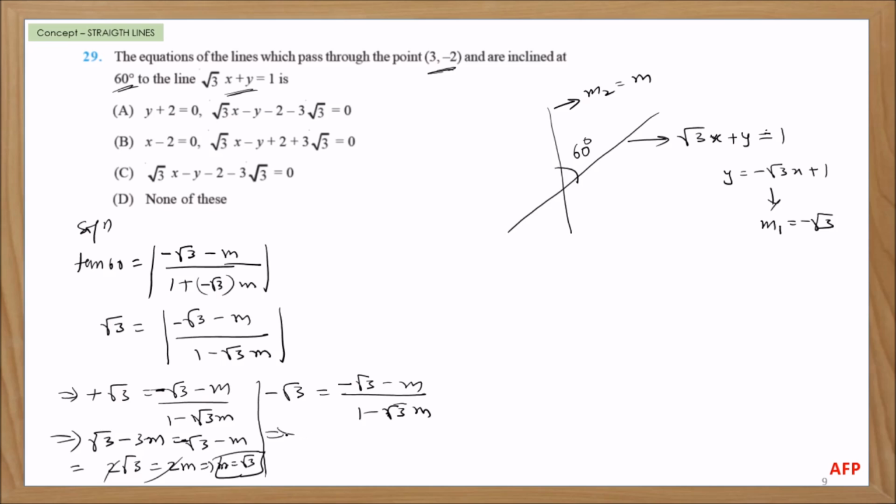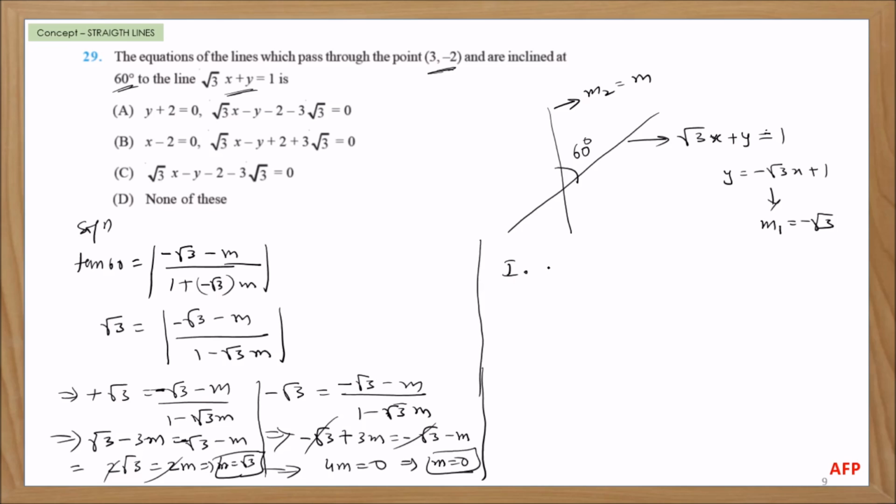If you multiply it there, what you are getting? Root 3 minus 3m is equal to minus root 3 minus m. Cancellation. So send it to the other side, 2m is equal to 2 root 3. So m is equal to root 3 we have. So two cases we are having.